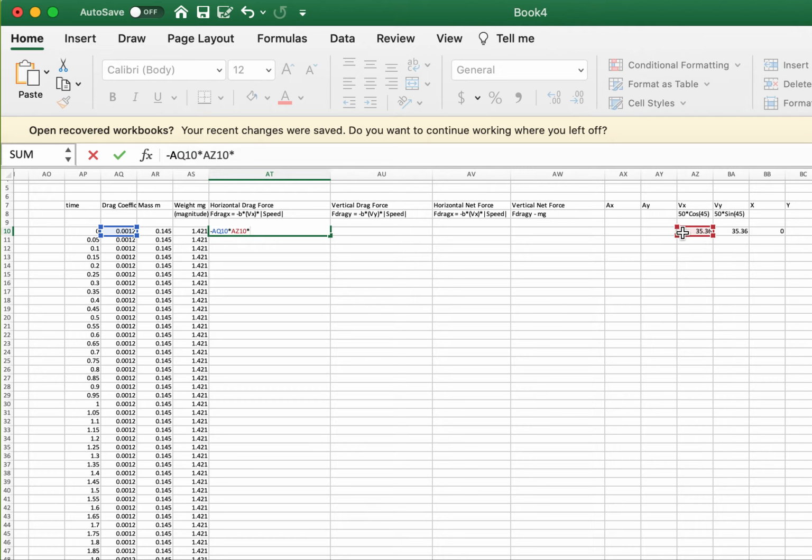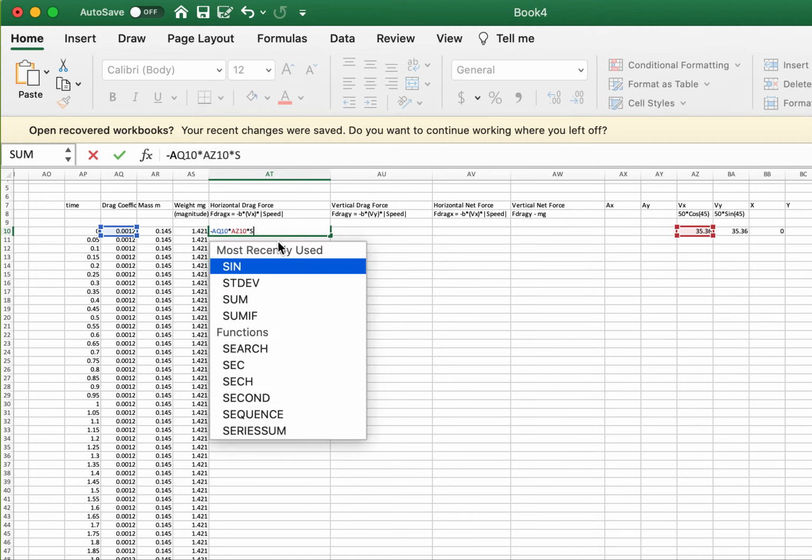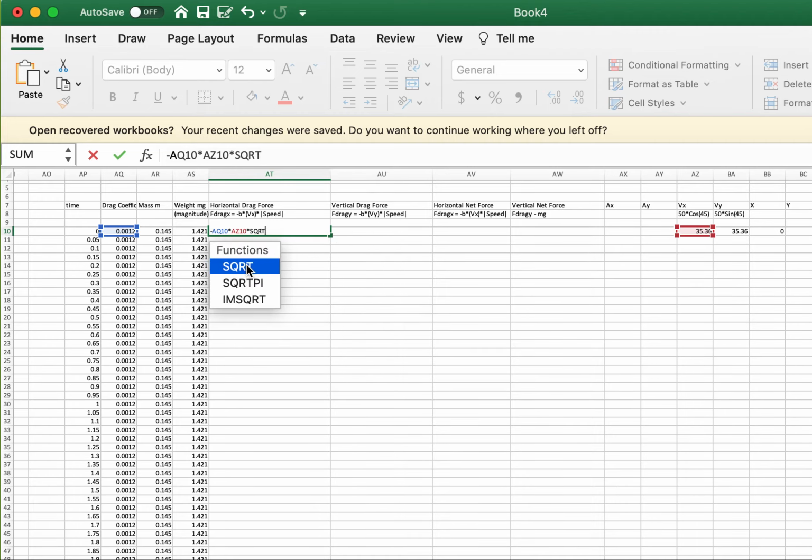What you have to do is multiply by the current speed of the particle. So you could do the square root of Vx squared, which for me would be AZ10 squared, and then you should add in the Vy squared too, which would be BA10 squared.